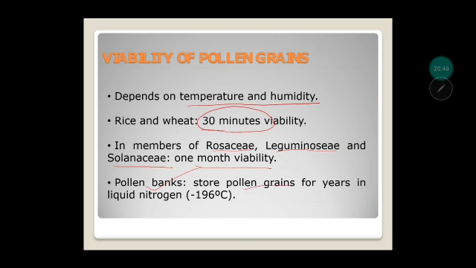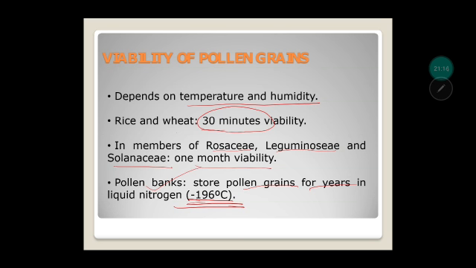Where we store pollen grains for years, generally for experiments, because if experiments have to be performed in the lab, we need pollen grains. If they are not available during one season, we just store them in liquid nitrogen at a temperature of minus 196 degrees Celsius, which means we freeze them so that whenever they are needed, we can use them.